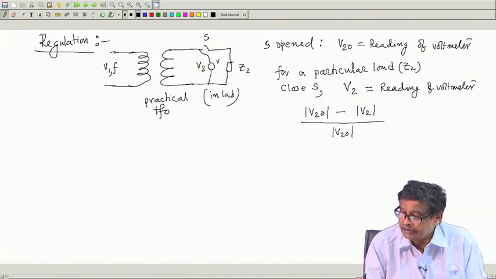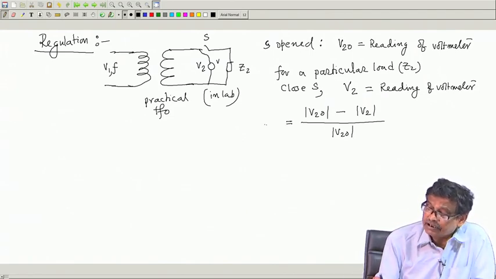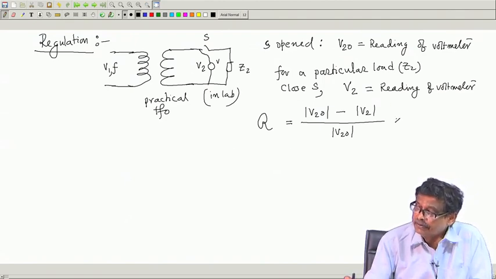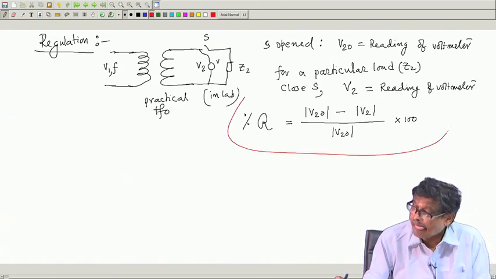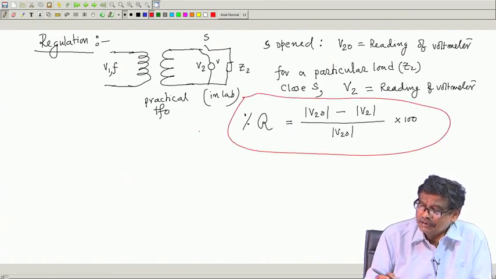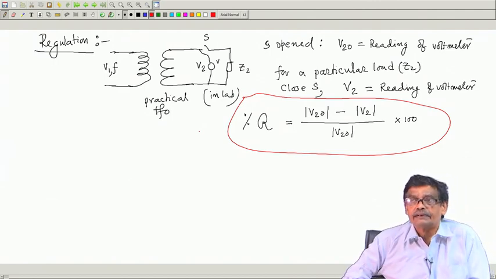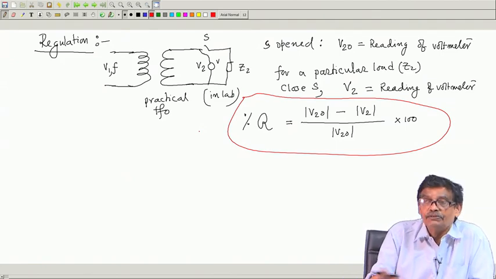With respect to that, how much is the change in voltage, and you get regulation. This is in per unit. So, multiply it with 100, get regulation, percentage regulation. So, in a practical setup, you can easily calculate regulation. Okay, we will see, but this is what you have to do.